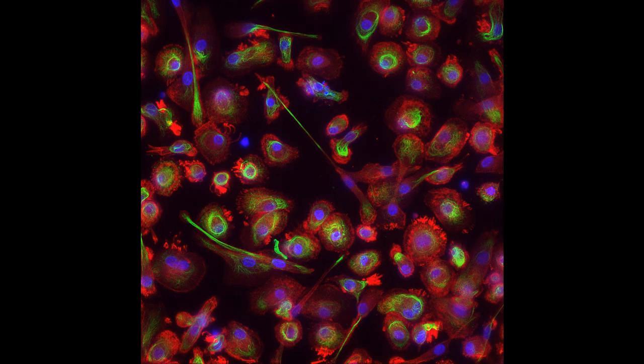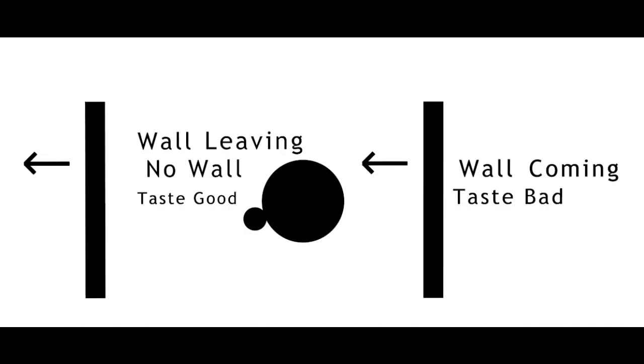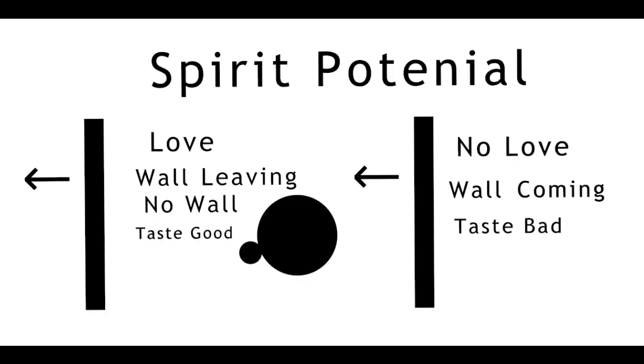Let us go back to the single-celled organism with the simple ability to detect wall or no wall. The wall distorts the organism. It favors no wall. It favors freedom and potentiality. Although our senses have evolved to detect more complicated structures, they basically still say the same thing. The translation to the mental projection is now love or no love.